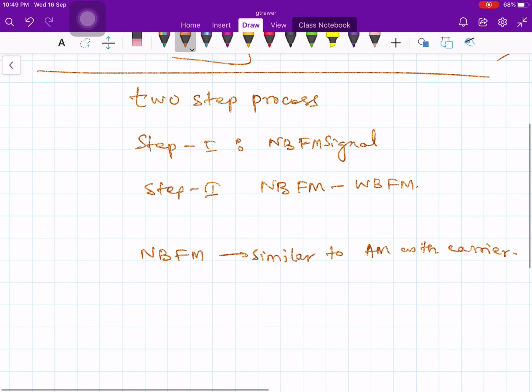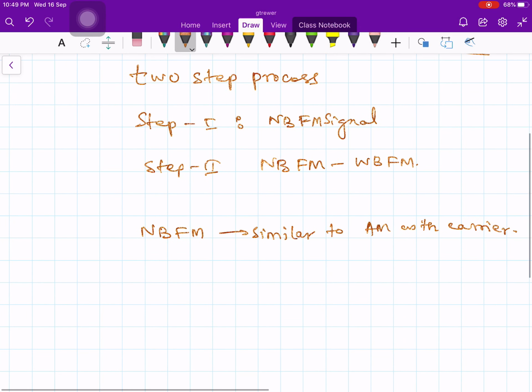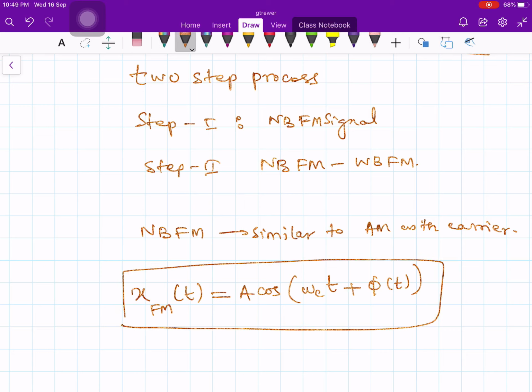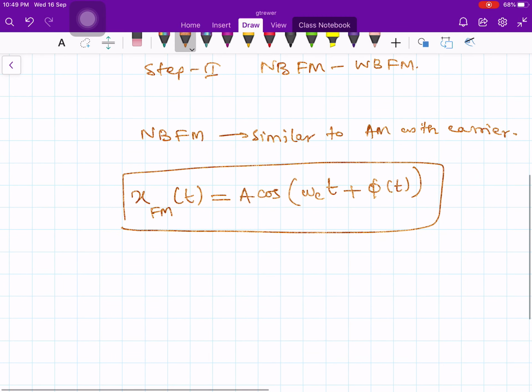So to be more explicit, let us look at the FM signal or angle modulated signal. x_FM(t) is equal to A times cosine of (omega_c t plus phi(t)). This is the general form of an angle modulated signal.